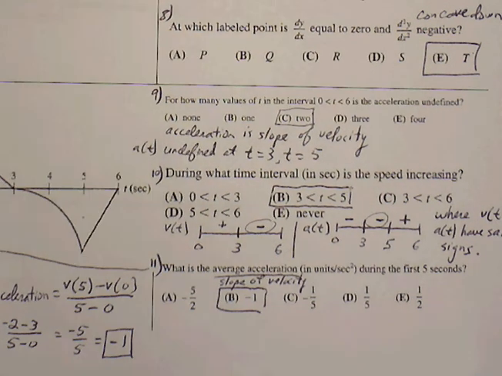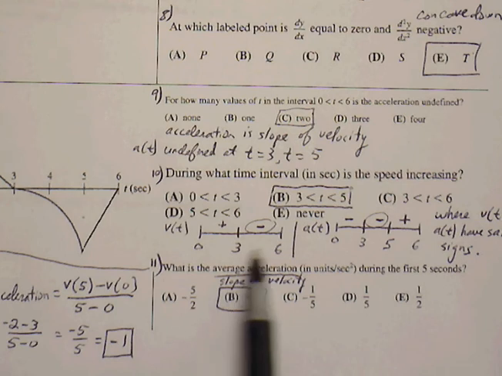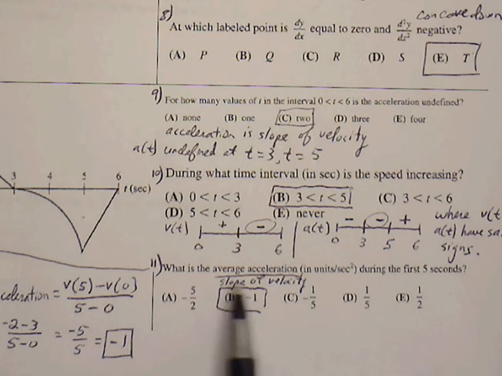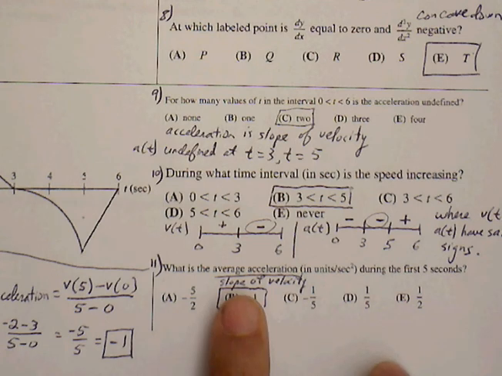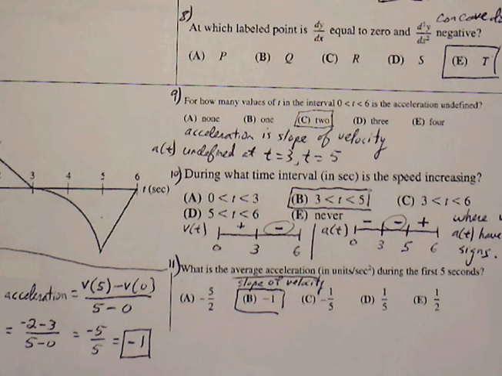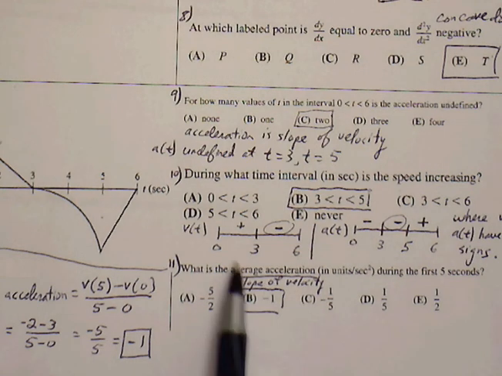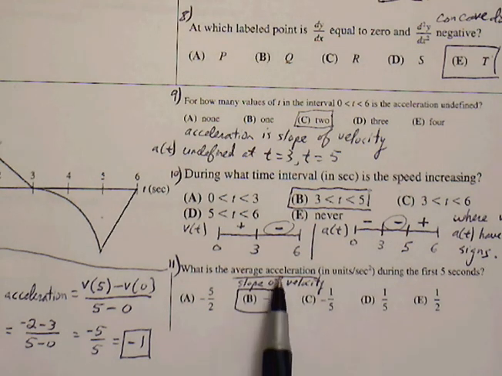Okay, number 11, what is the average acceleration during the first 5 seconds? So average acceleration is simply the slope of velocity, right? We find the average slope between the two endpoints for velocity. Average acceleration is simply change in velocity over change in time.